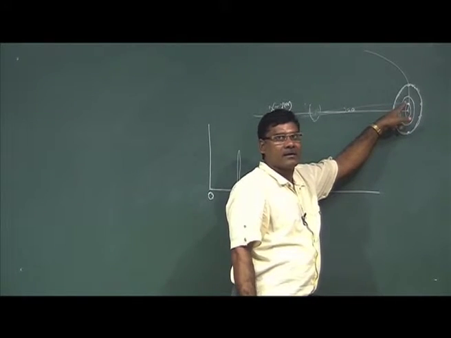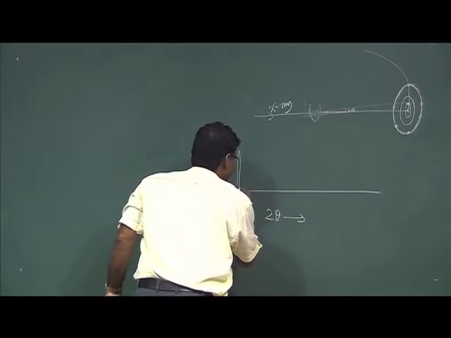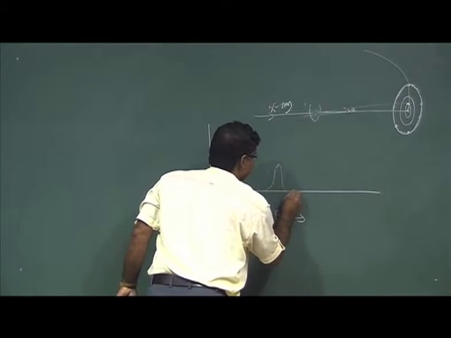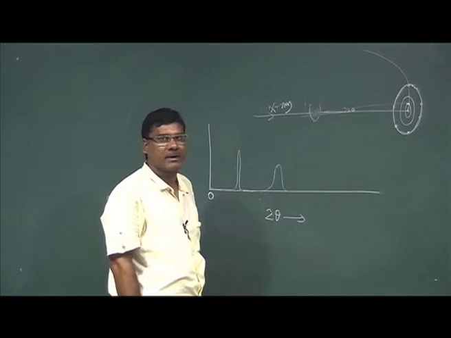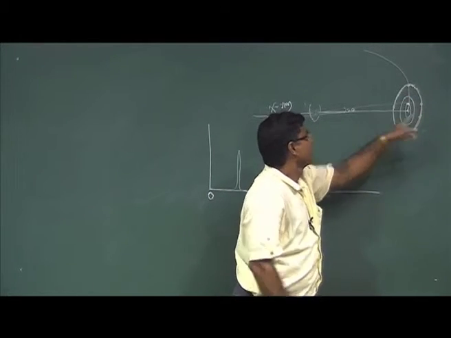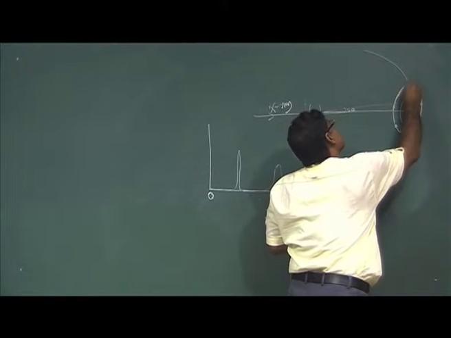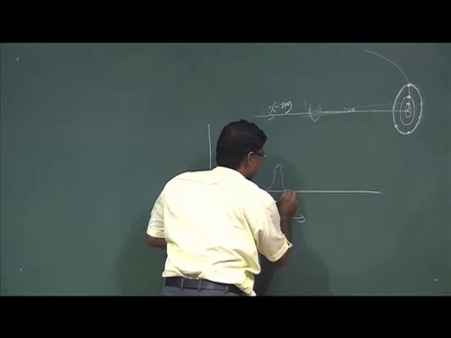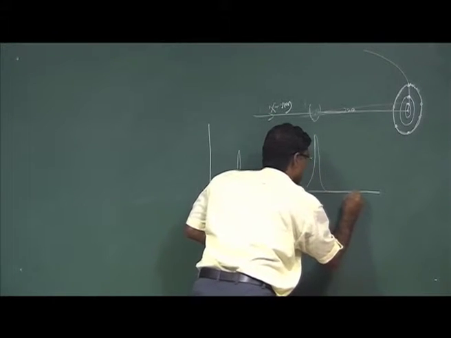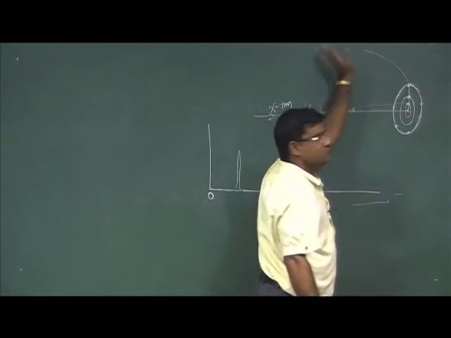Again, next I will not get any intensity, then I will get another peak. Then moving, no intensity, here I will get intensity. This way we continue.